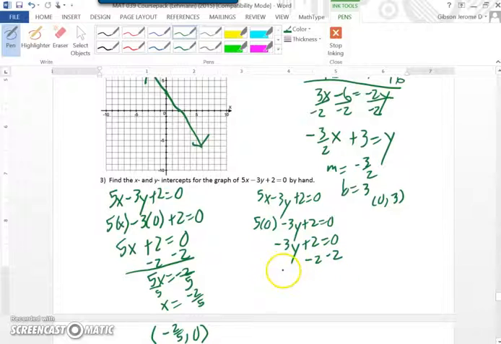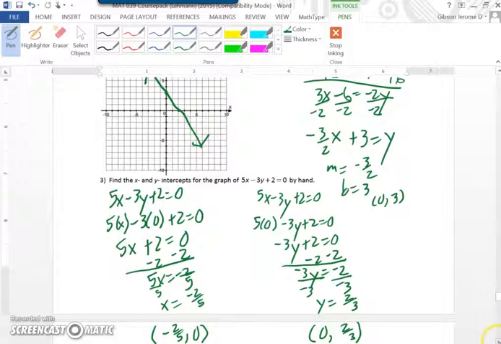So we would subtract 2 on both sides because we're trying to get y by itself. And we have negative 3y equals negative 2. Divide each side by negative 3, and y is equal to a positive 2/3. Now we will write this as an ordered pair. It'll be 0, comma 2/3. So when you write your final answers, like on your exam, I'm looking for these ordered pairs in addition to your work. So this is the x-intercept, this is the y-intercept.